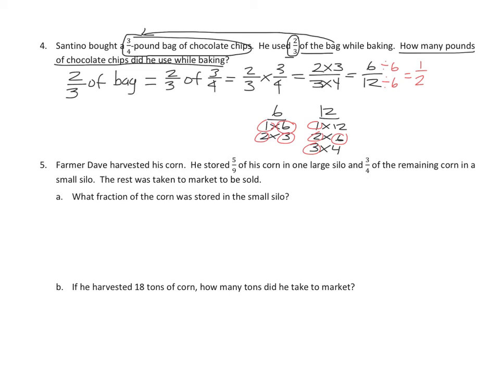So we can write our sentence: Santino used 1/2 of a pound of chocolate chips while baking.